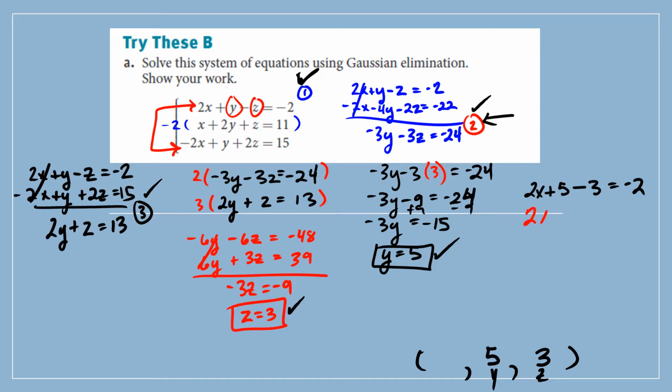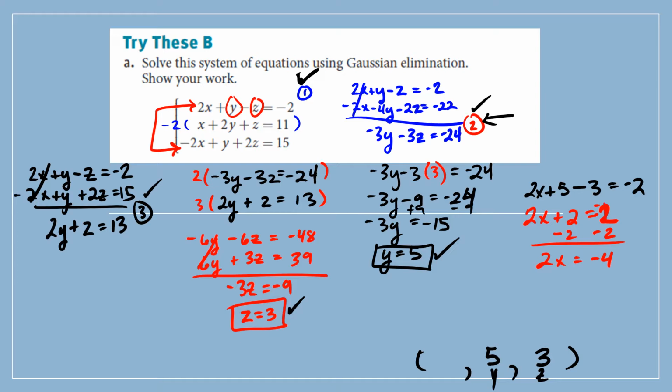So I would get 2x plus 2 equals negative 2. Sorry, I spaced out for a second. Then when I subtract 2 from both sides, I'll get 2x equals negative 4.